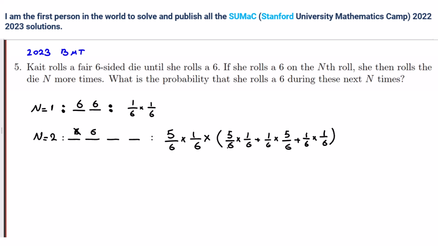Do you agree if you want to use this approach, for example n=3, it will be harder? Look, this one again, you can say here we don't have 6, here we don't have 6. So what times what first? 5/6 times 5/6 times 1/6.